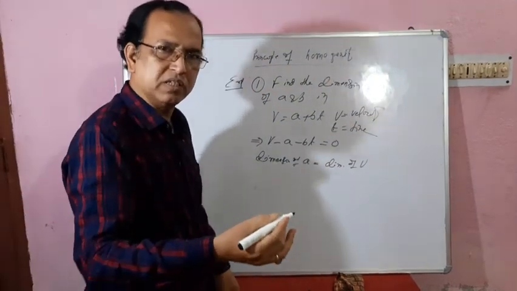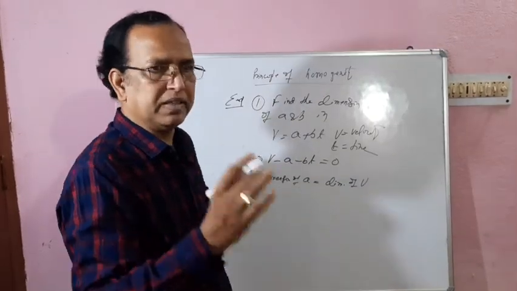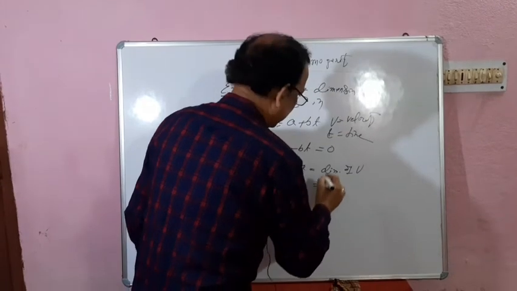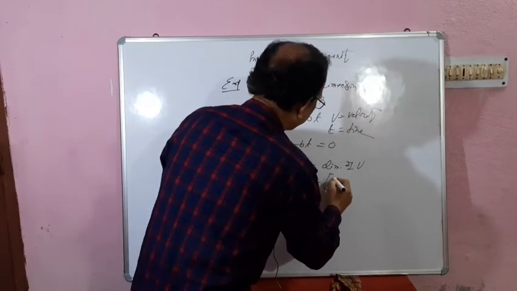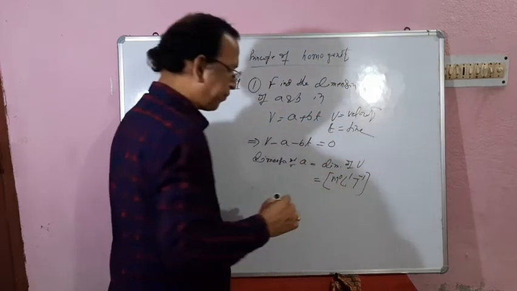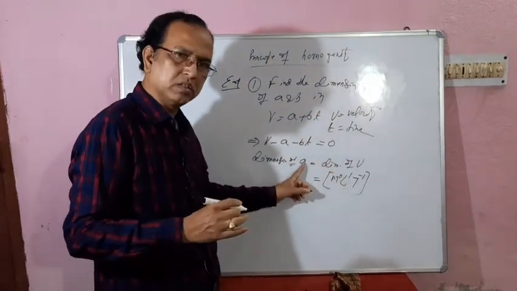What is the dimension of v? Dimension of v, that is velocity, L by T. So L by T means the dimension is M0 L1 T minus 1. So that is the dimension of A. Clear?